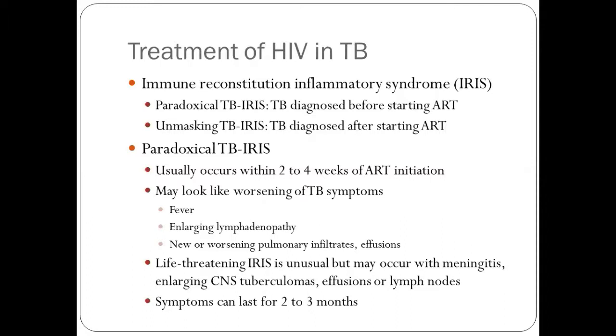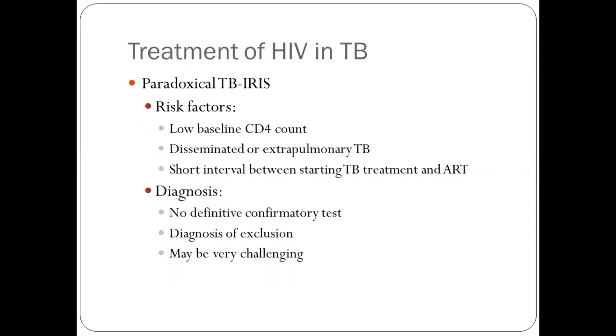It can be a life-threatening condition, especially when we're dealing with CNS tuberculosis, and the symptoms can last for a number of months. There are risk factors that you can see over there, especially starting with a very low CD4 count, or starting with extrapulmonary tuberculosis.